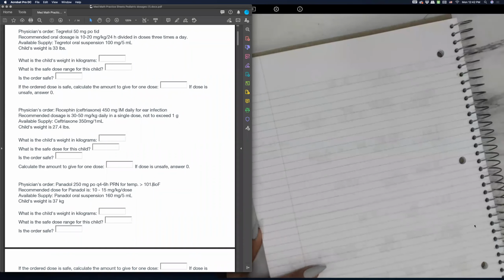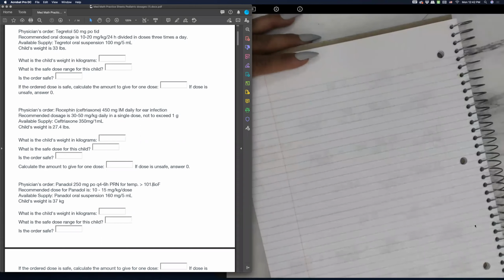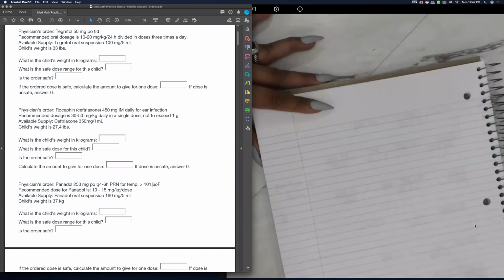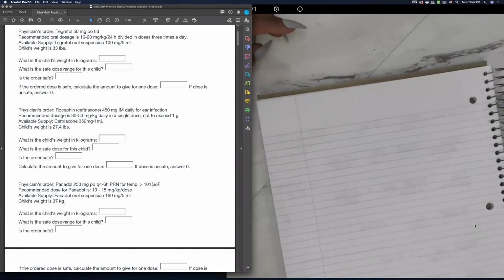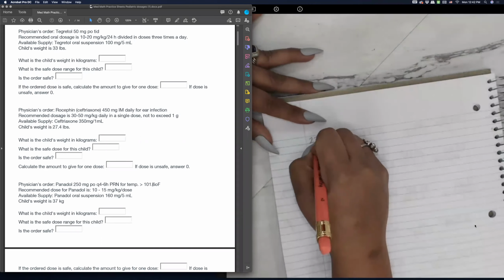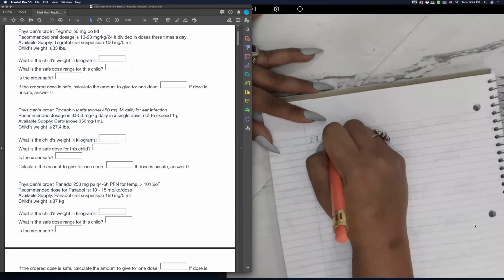Okay, the next problem is Rocephin, 450 milligrams IM daily for an ear infection. The recommended dose is 30 to 50 milligrams per kilogram daily in a single dose, and the available supply, and our child weighs 27.4 pounds.